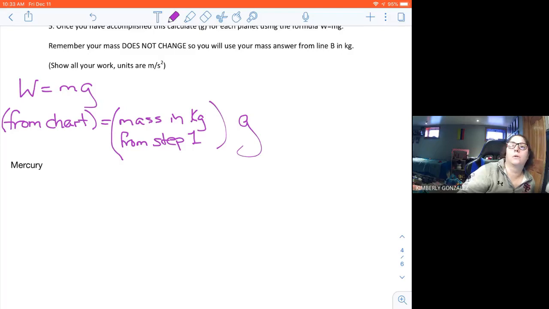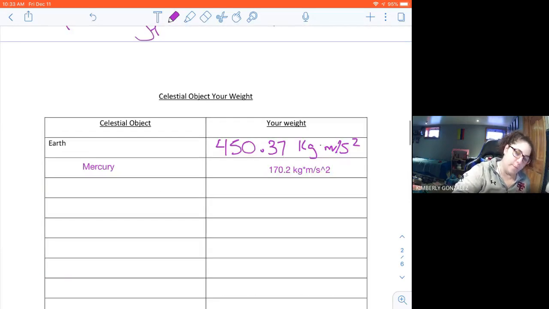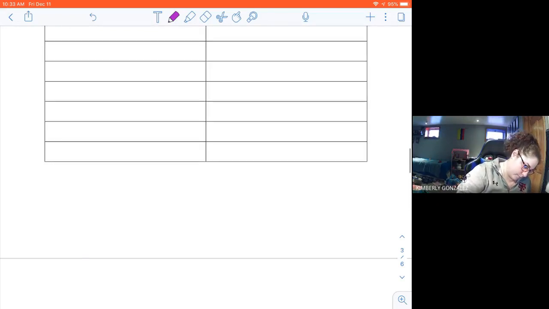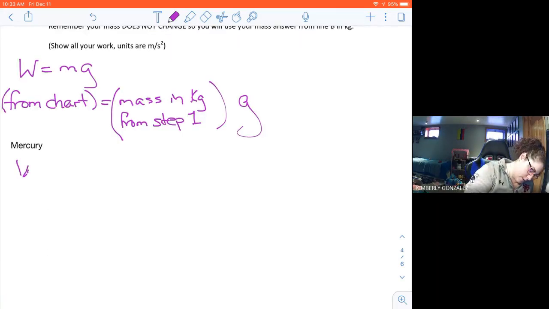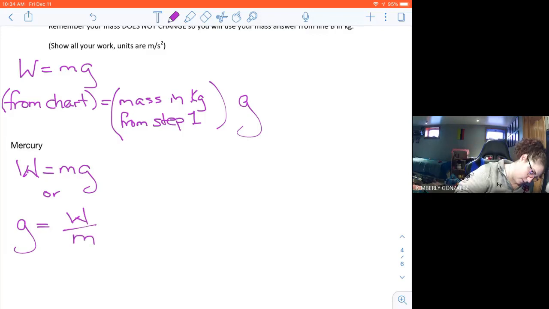So for example, I'm doing this with my numbers only. You're doing this based on your numbers. For Mercury, from my chart, it's 170.2. So it's W equals mg, or I can write it as g is equal to W over m, because all I did was solve for it.